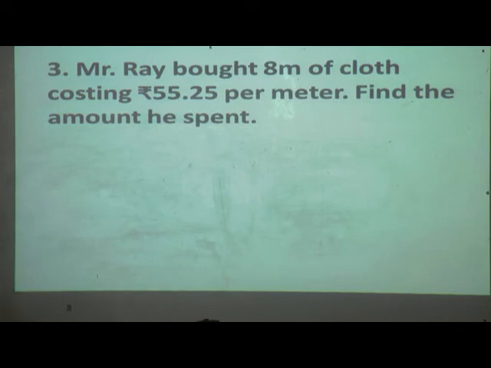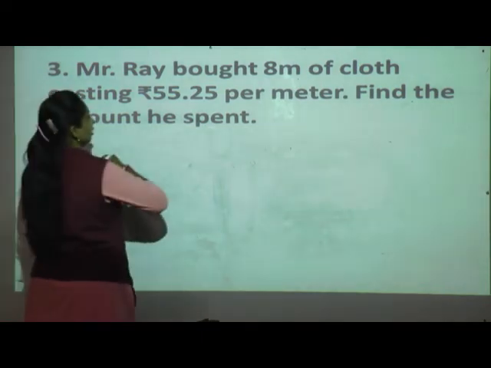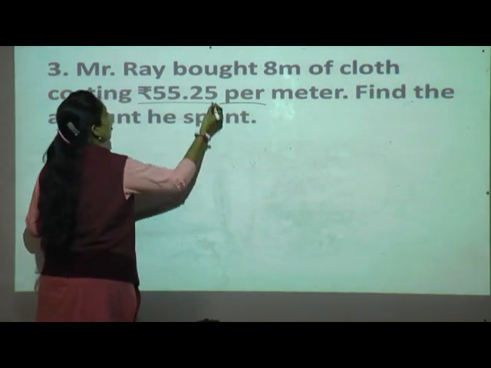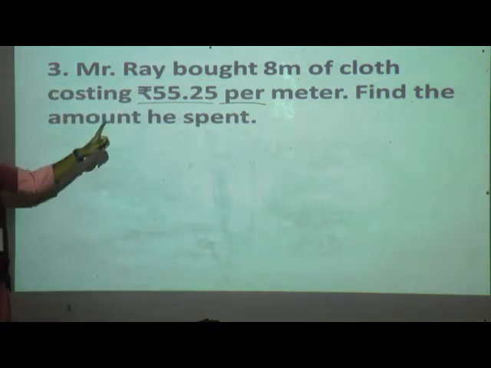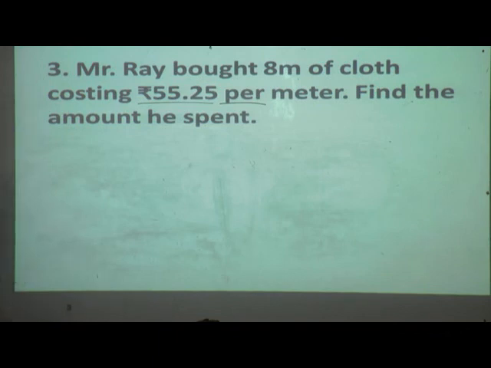And the cost per meter, they said here per meter. Per meter means 1 meter, 55.25. So we have to find out how much amount he spent to buy 8 meters.